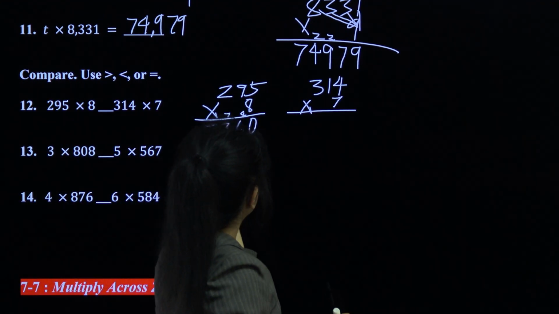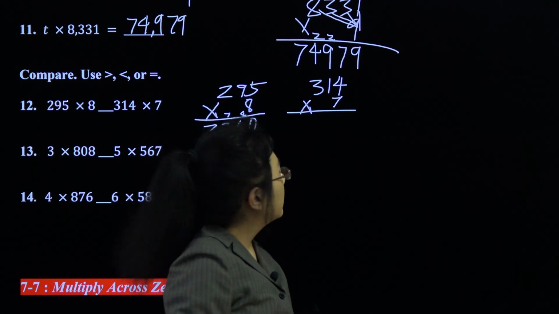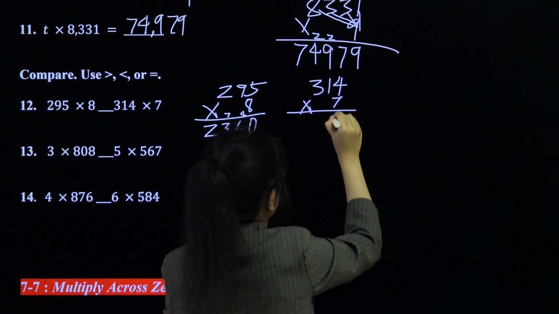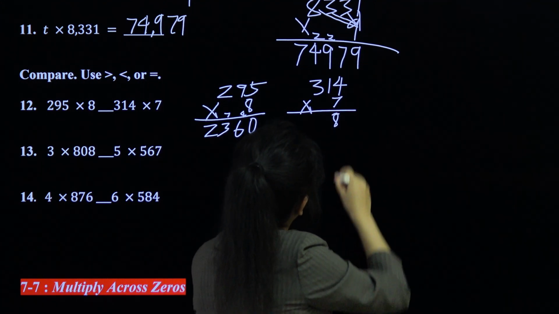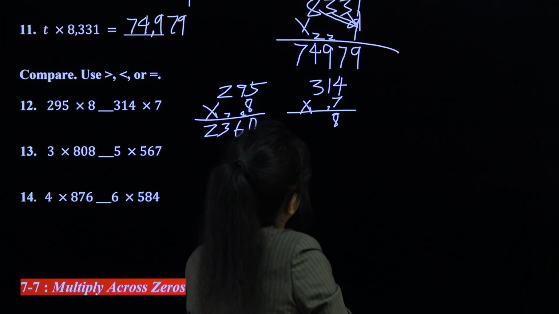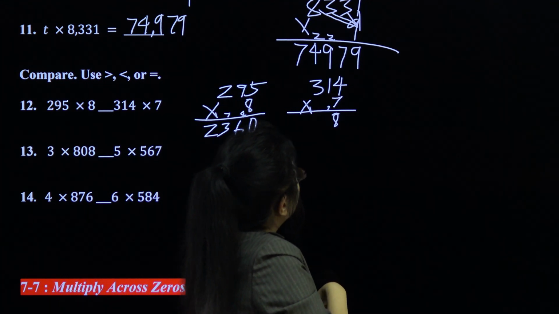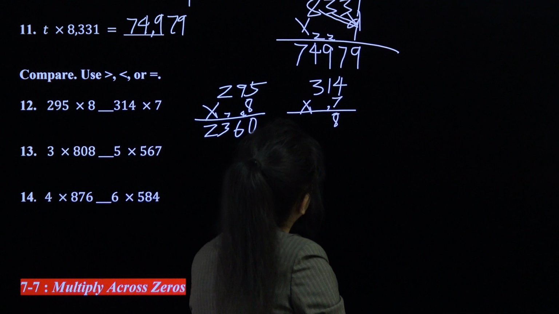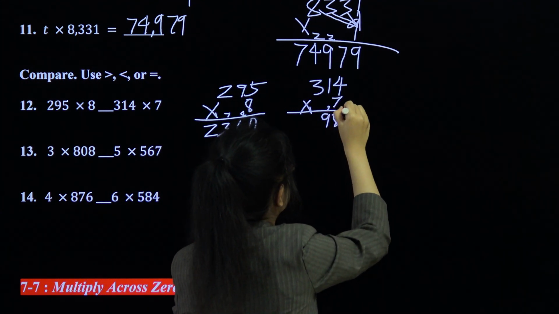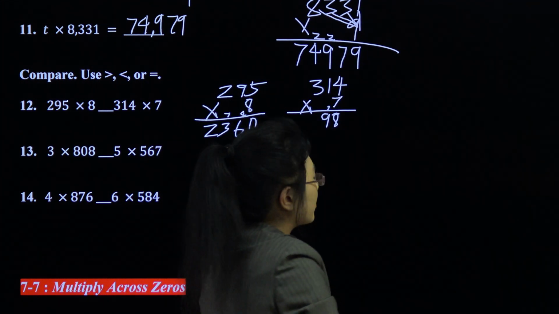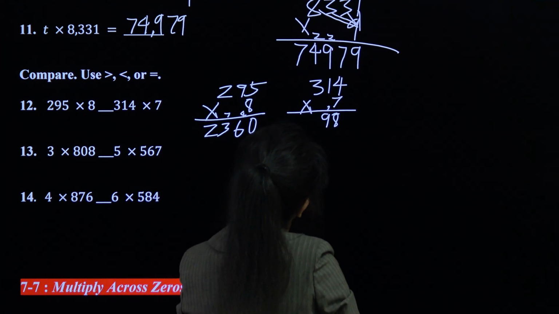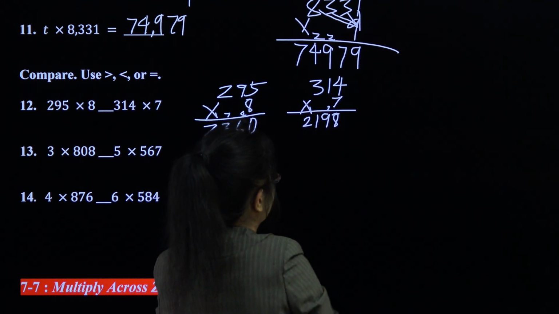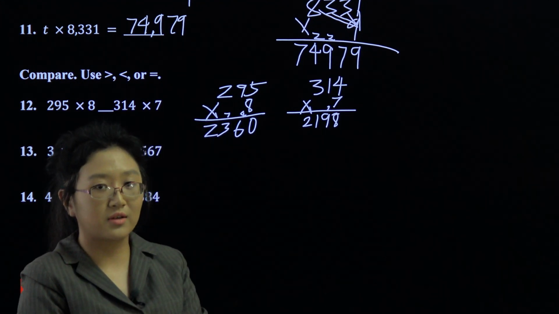And then we go on to the next one to get the other answer. 7 times 4 is equal to 28. You regroup the 2. 7 times 1 is 7, plus the regrouped 2 is 9. 7 times 3 is 21. And because there isn't anything regrouped, we just drag it down since there's nothing in the thousands column either.